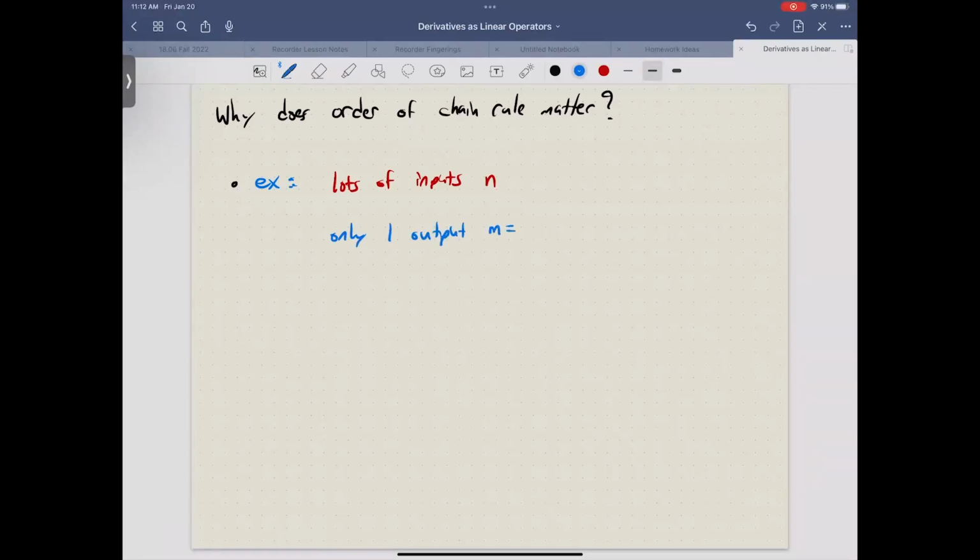So M equals 1. This would be the case, for example, in most of optimization, in large scale optimization, such as machine learning.